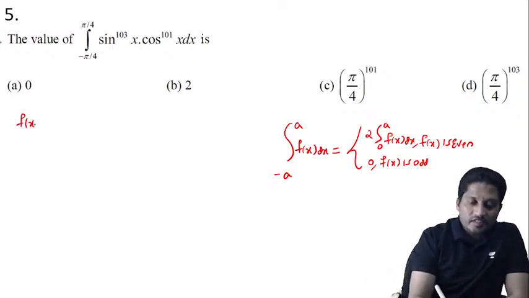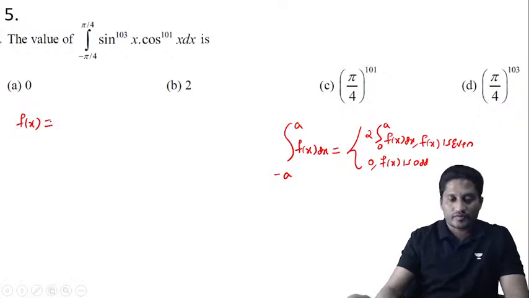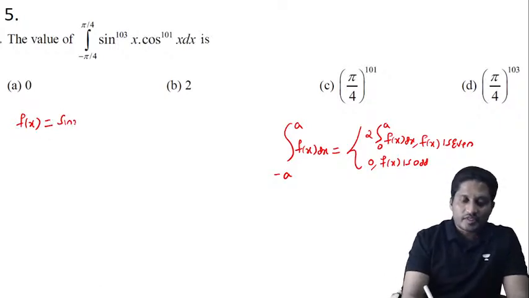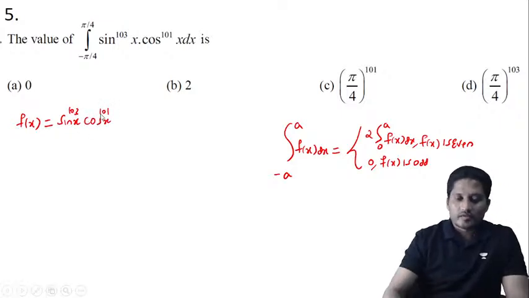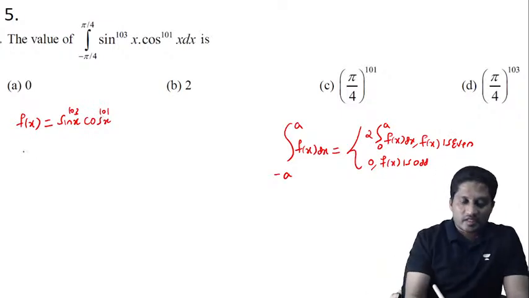I'm going to use fx equal to sin x to the power of 103 and cos x to the power of 101. Now we'll check whether this is even or odd.